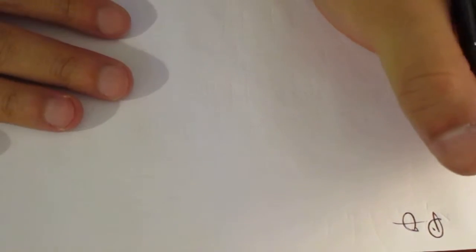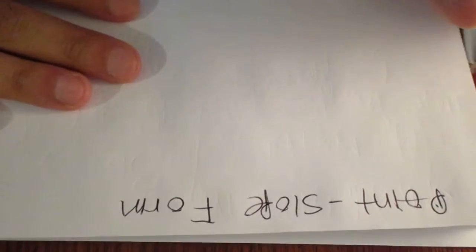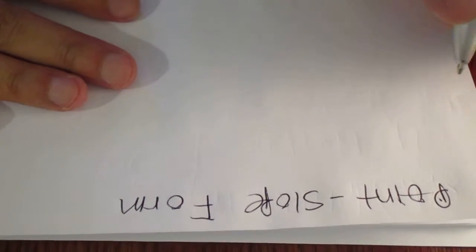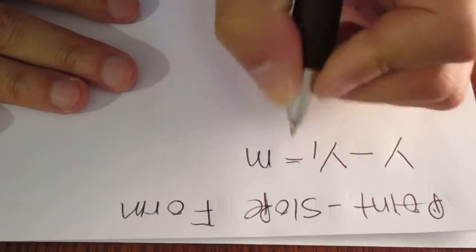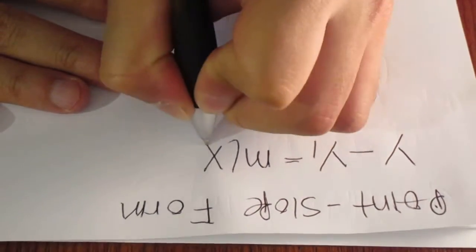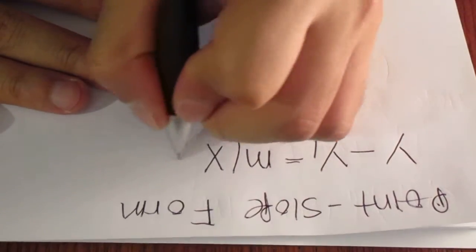Okay, so another way you could do this is to use what's called point-slope form, if that sounds familiar. Point-slope form is y minus y1 equals m times x minus x1.